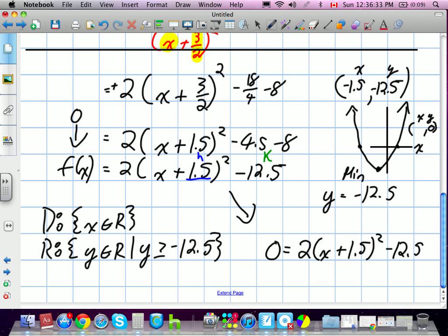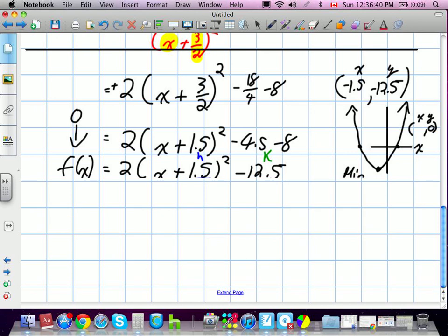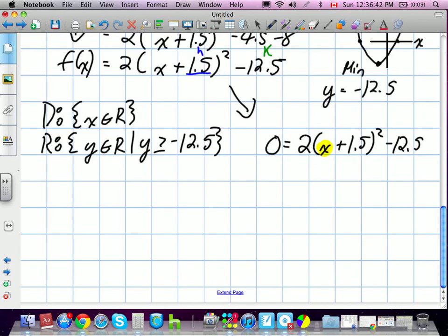Okay? So now all I have is one variable left. Let's solve for x. First thing we're going to do, reverse BEDMAS. Let's move negative 12.5 over. So we get 12.5, positive on the other side, equals 2(x plus 1.5) squared. Again, reverse BEDMAS.